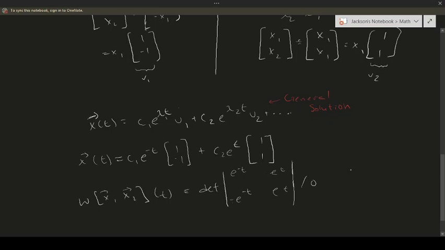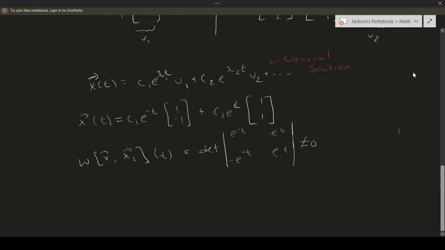If it's not equal to 0, then we know that they're going to be linearly independent. And so now we need to just solve the determinant of this. That's e to the negative t times e to the t, which is going to give you e to the 0, which is 1. And that's going to give you a negative 1, so that's 1 minus negative 1.